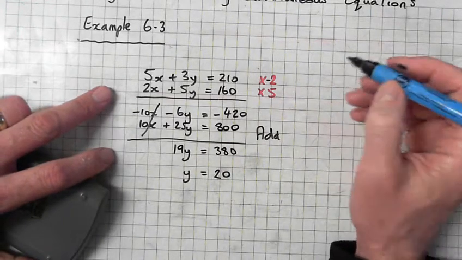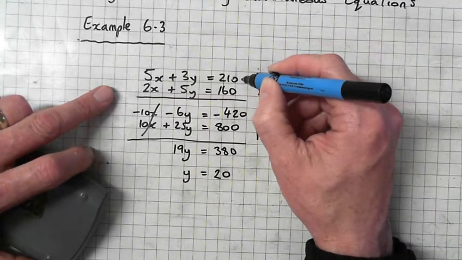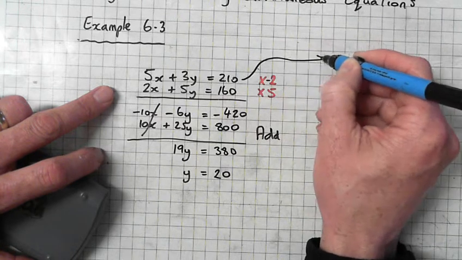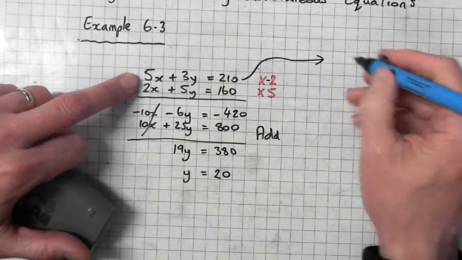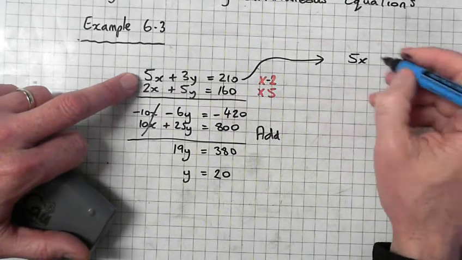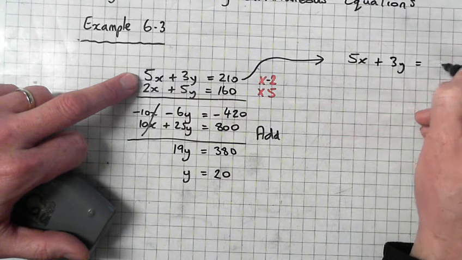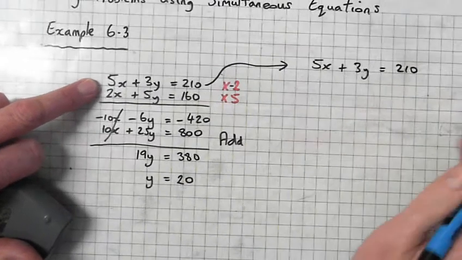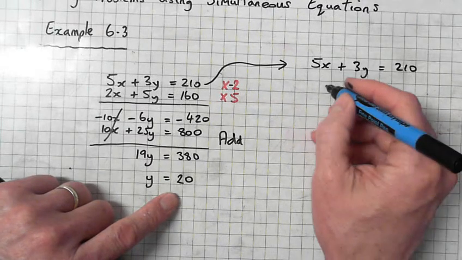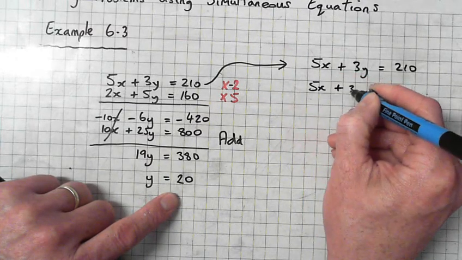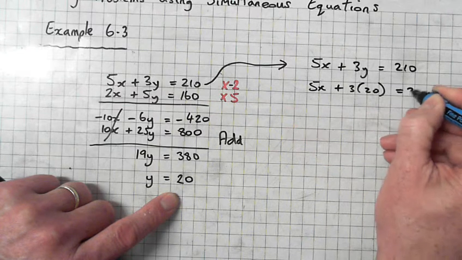Now we'll find the cost of an adult. So we'll take one of the equations over here. We have to get the second variable. So 5x plus 3y is equal to 210. We know that y is equal to 20. So 5x plus 3 times 20.